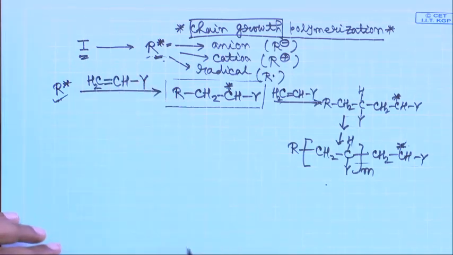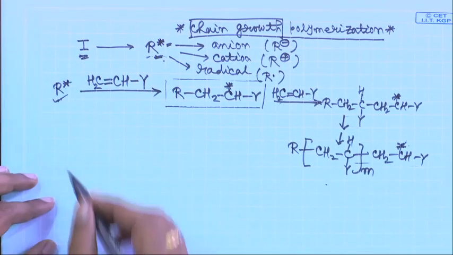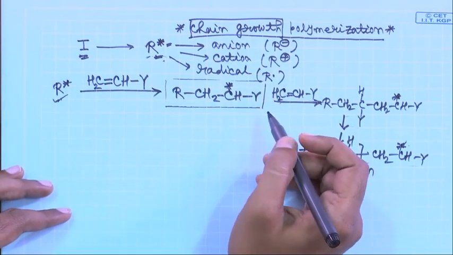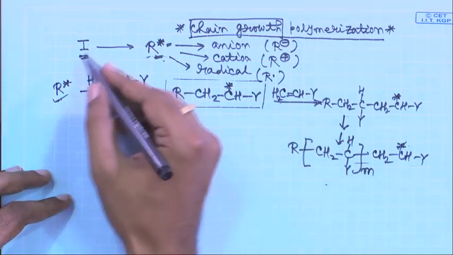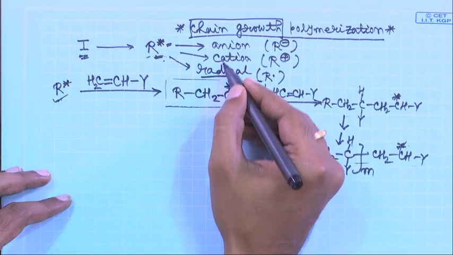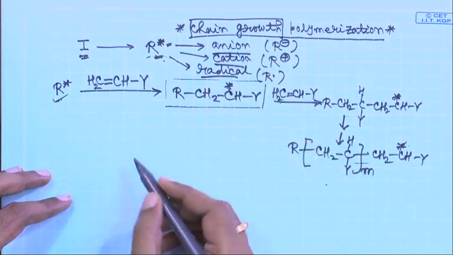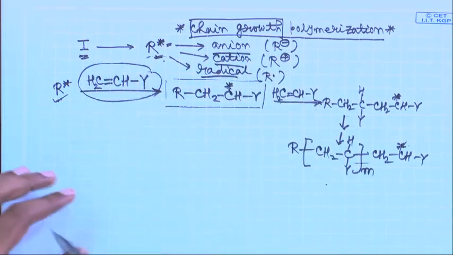Now, when you are talking about initiators, say you are doing a radical polymerization, or cationic polymerization, or anionic polymerization, and this is your starting monomer.